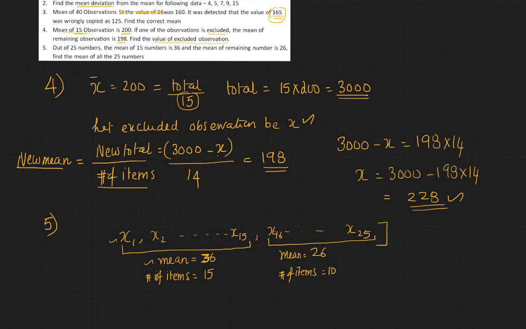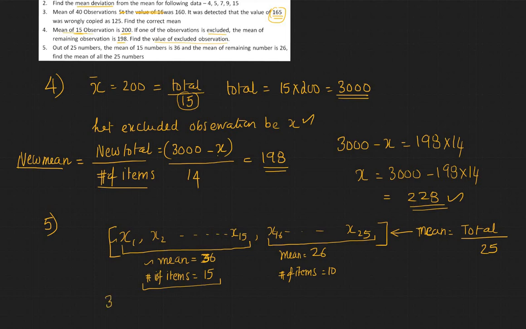So we need to find the overall mean. The overall mean is equal to the total divided by 25, because there are 25 items. Now how do you find the total? We can find the total from each of these parts. So what would be the total of x1 to x15?